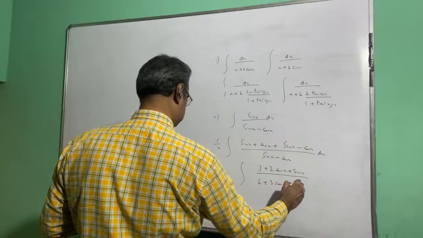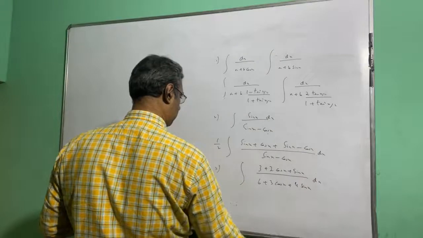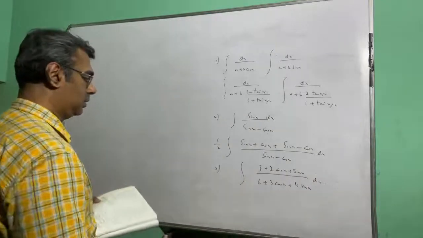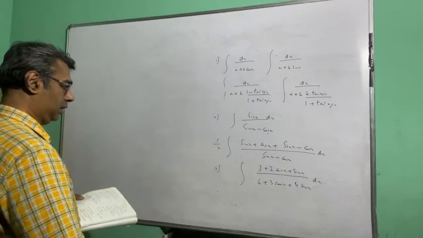Then integration of 3 plus 2 cos x plus sin x by 6 plus 3 cos x plus 4 sin x dx.